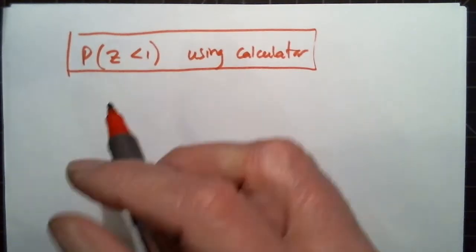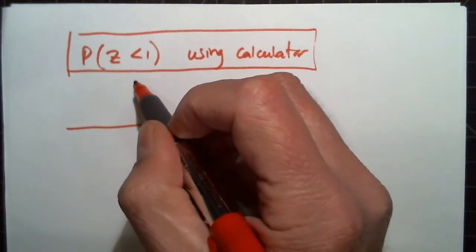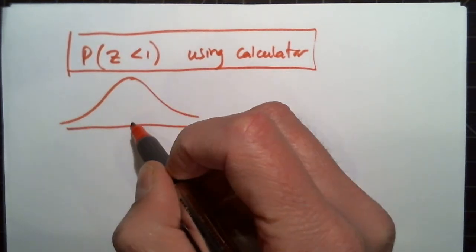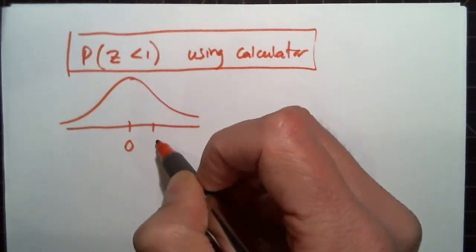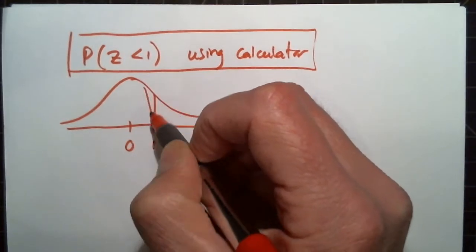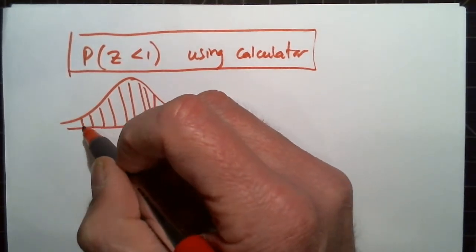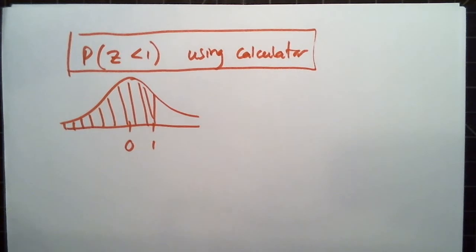Even though we're using a calculator, let's make sure we visualize it. We're going to the left of 1. We want the area of all of that.